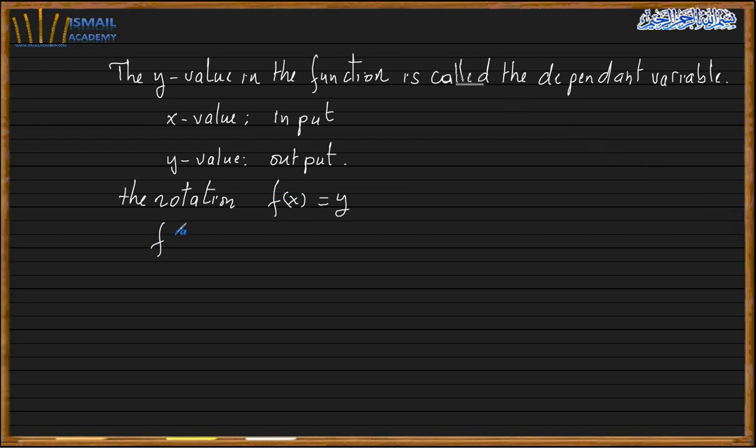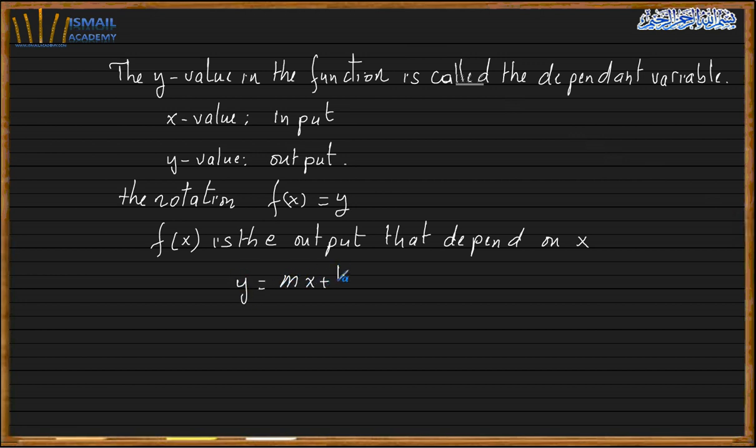So f of x is the output that depends on x. This is why when we have y equal, for example, mx plus b, and we say f of x equal mx plus b, which means this value is my y. So if I change this, x will be affected.